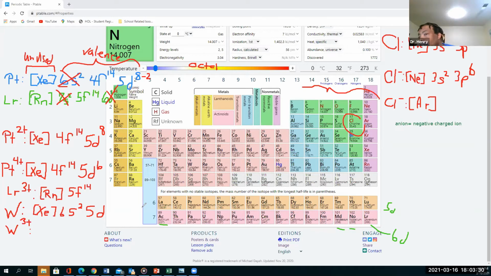You said 5d? Yeah, there we go. 4f14. And then 5d what? 3?